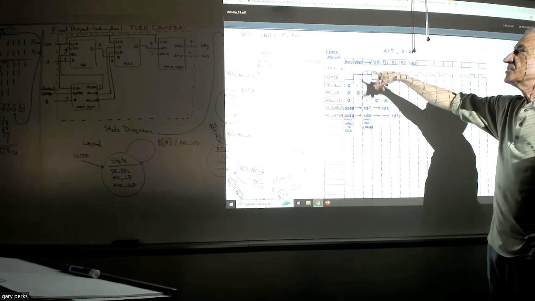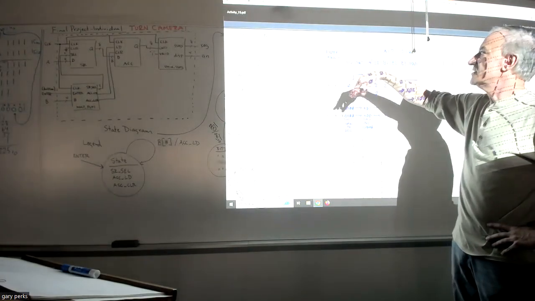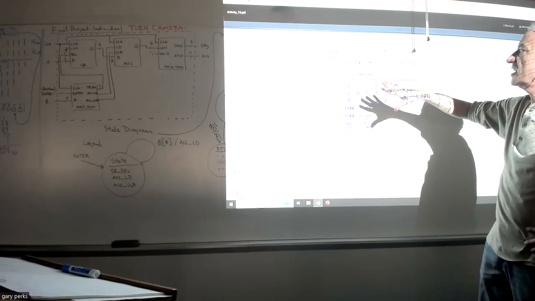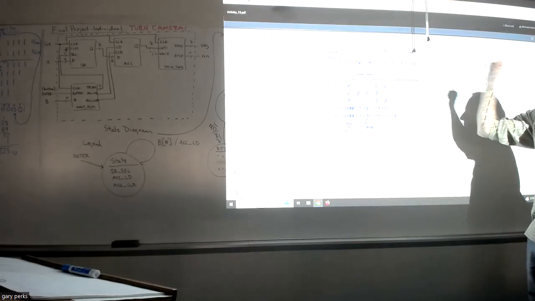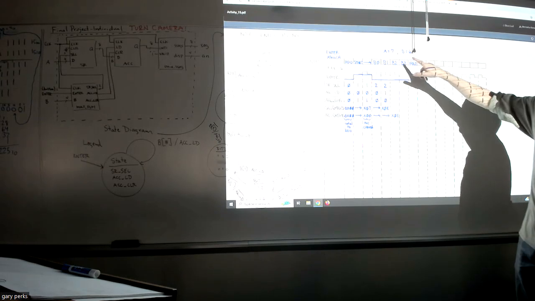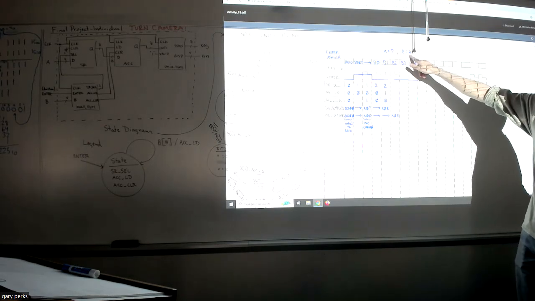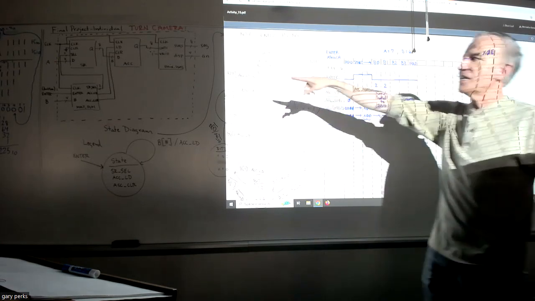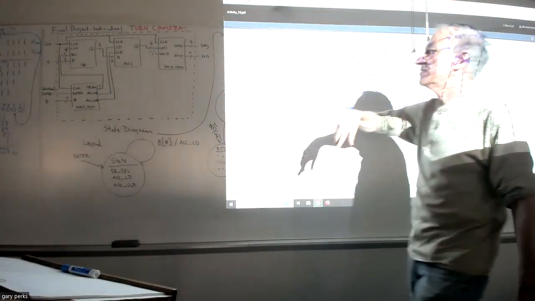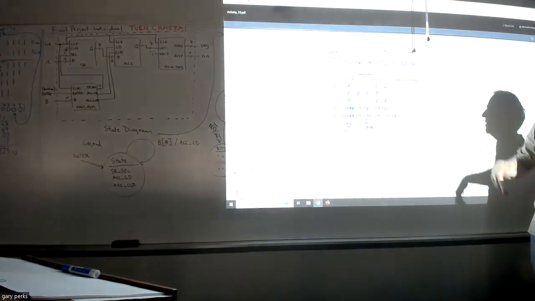First of all, like we said, everything else is synchronous. Only enter is asynchronous. What you see here is for when A is 7 and B is 6, so it would be the same as that first example that we went over by hand.